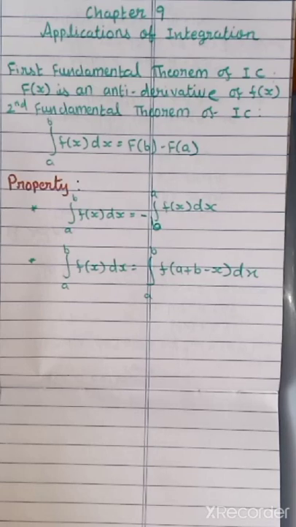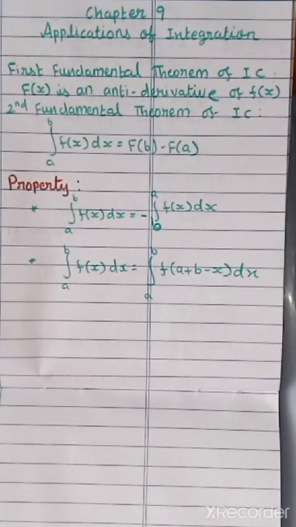Look at your book, page number 98. If small f of x is a continuous function defined on the closed interval [a, b], so f of x is a continuous function, and capital F of x equals the integral from a to x of f of u du, then the differentiation of capital F of x is your small f of x.